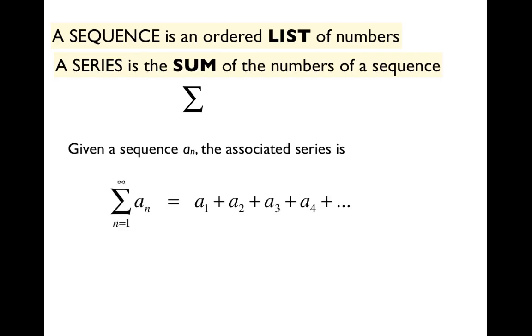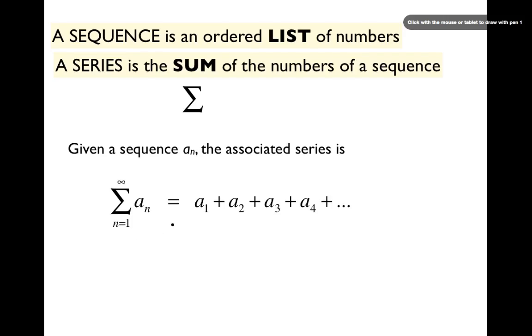Okay? The shorthand notation is, this thing is Greek sigma, stands for sum. And so this tells us we're going to start with n equals 1 and just keep going on and on and on. And these are going to be whole values, right? Whole values, just like they were with a sequence. Why do we start with n equals 1?